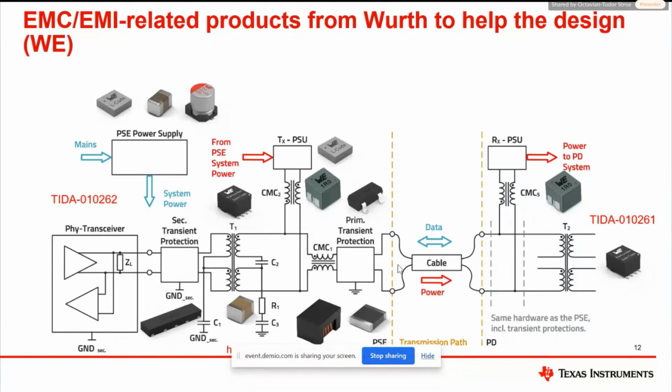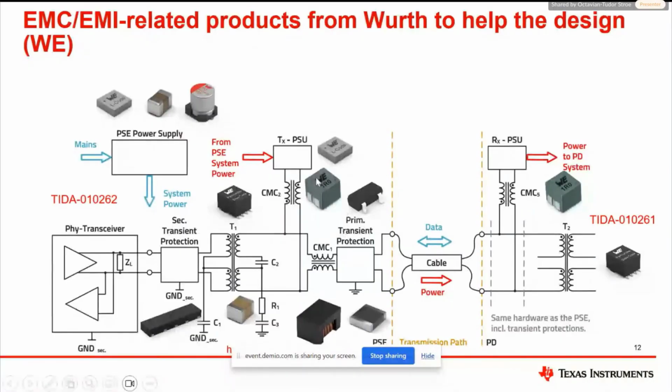We can also see the coupling and decoupling networks, the CDN, which is formed by common mode choke 2 or common mode choke 5, depending on whether we're talking about the PSE or the PD system. Power and data are coupled together at the interface through the power coupling and decoupling network. The PHY is AC coupled by the data transformer, T1, in both cases, T1 and T2.